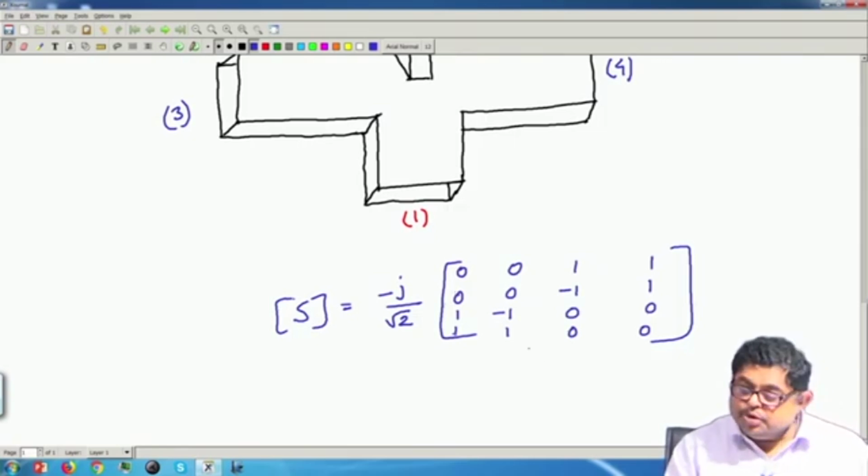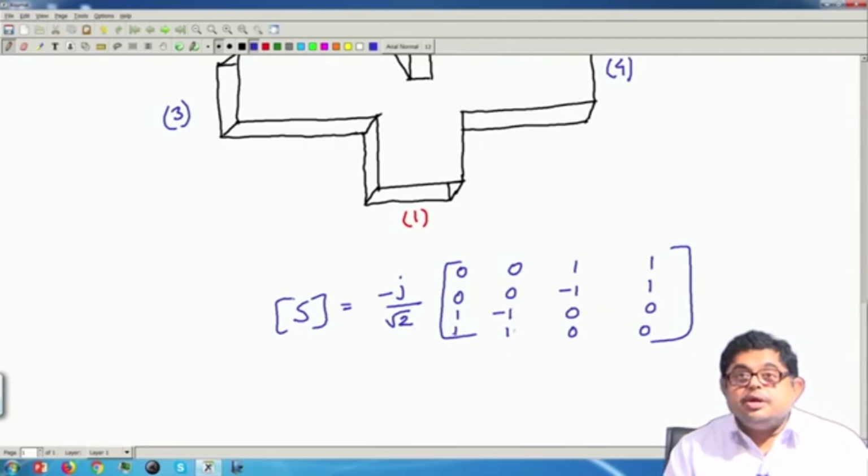Similarly, when input is given to port 2, then also it is equally divided to port 3 and 4, nothing comes out at port 1, but you see that the port 3 signal and port 4 signal are out of phase if the signal is given to port 2.